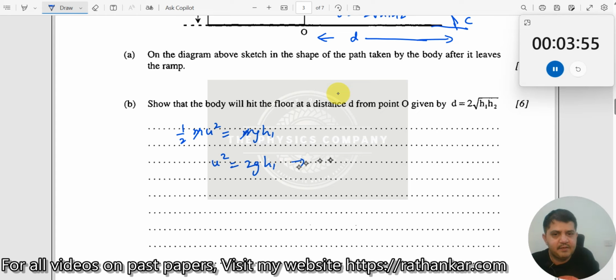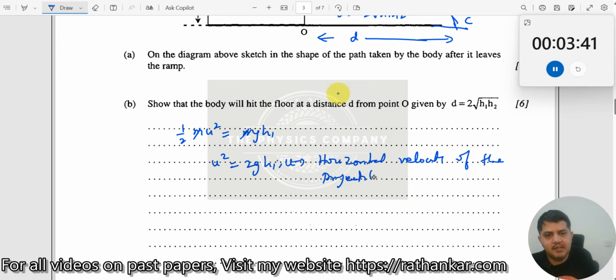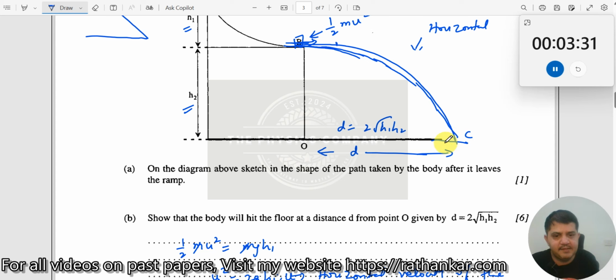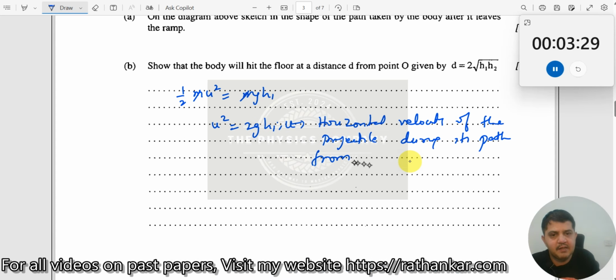What is this now? This is the horizontal velocity, where u is the horizontal velocity of the projectile during its path from point B to land at C. This is B and this is C. How did we get this?